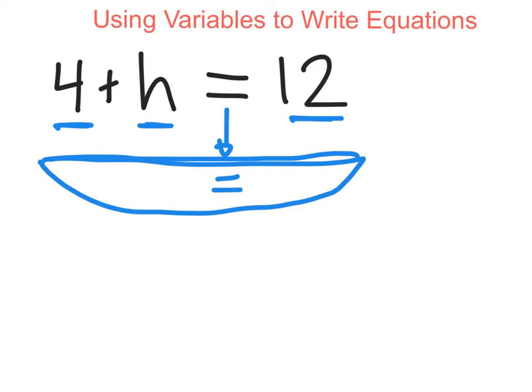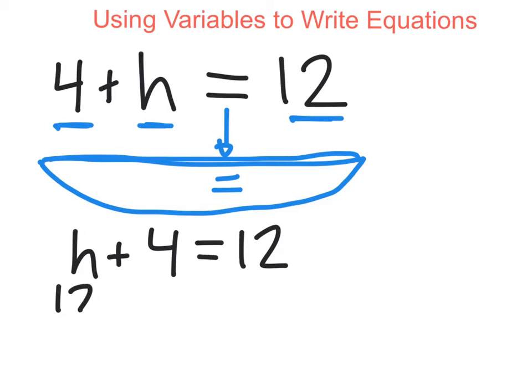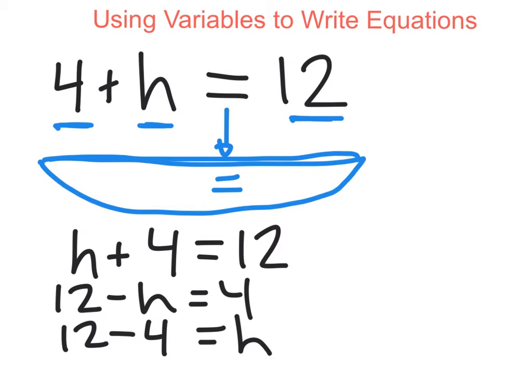What could h be? Well, if you think fact families, I could also write 4 plus h equals 12 as h plus 4 equals 12. I could also write it as 12 minus h equals 4, and 12 minus 4 equals h. Now, which one of these do you think is easiest to solve?